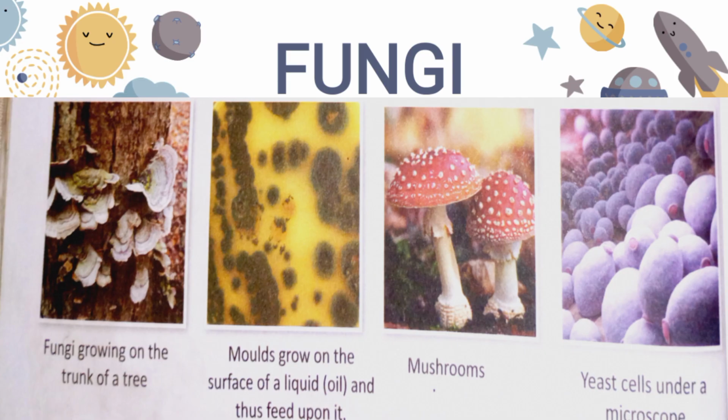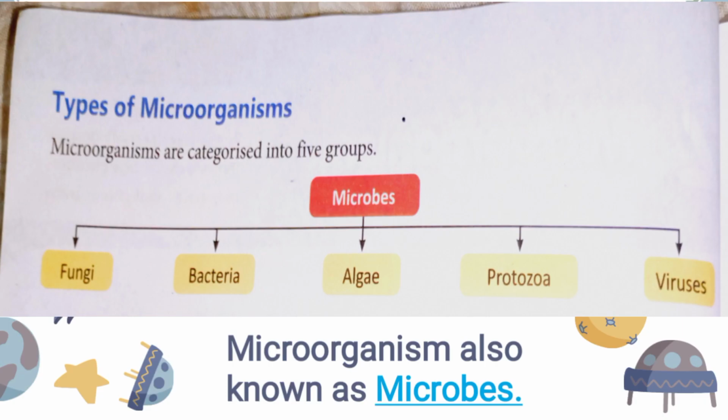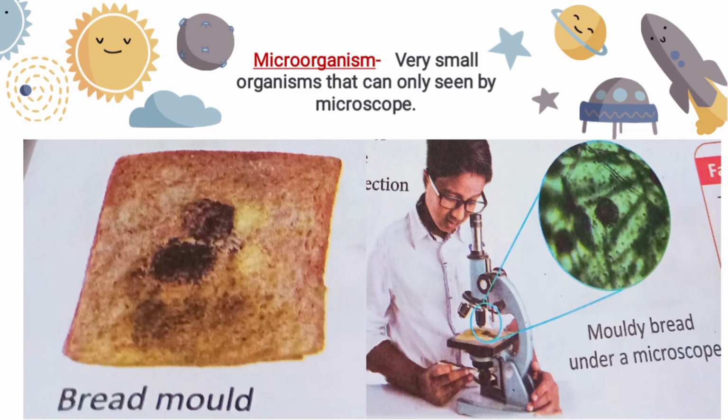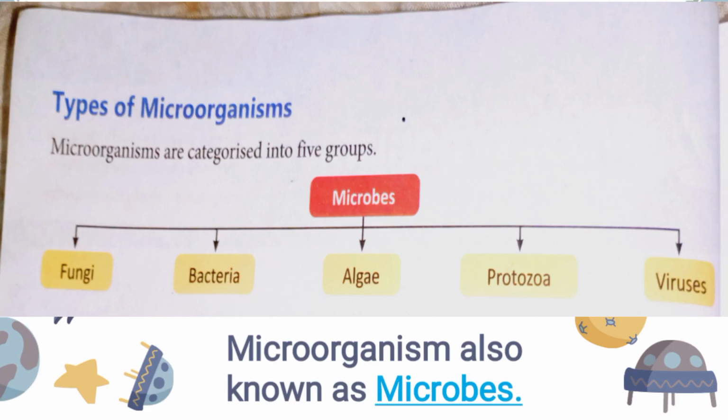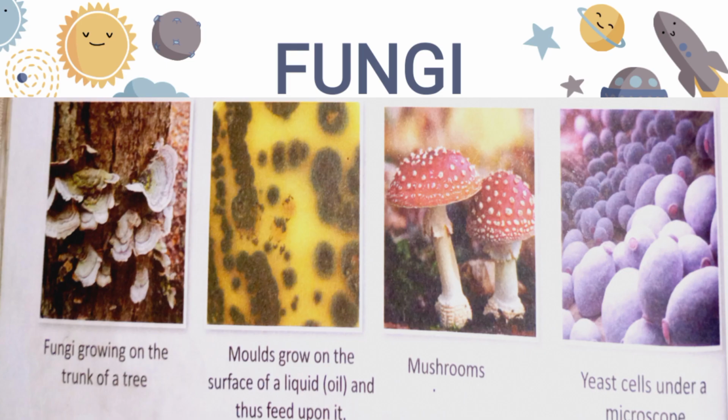You can see the oil which we use at home, the mustard oil, the coconut oil, or whatever other oils we use, write in the comment box. In these types of oils, what is growing? Molds, and they are green in color. As you have already seen that molds look green in color, in the oils also they grow.